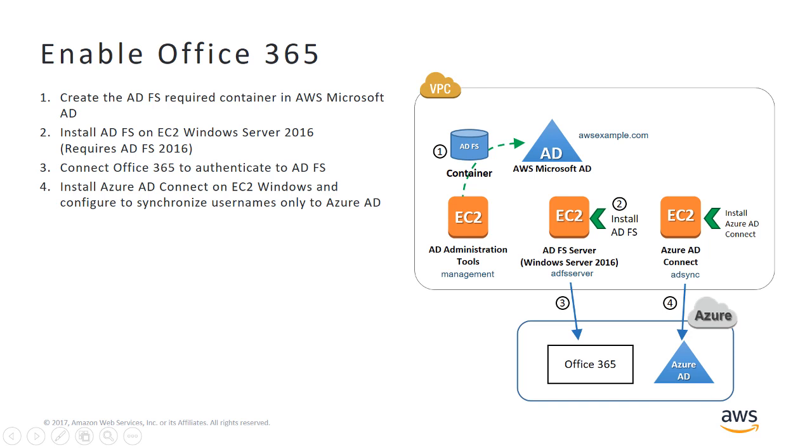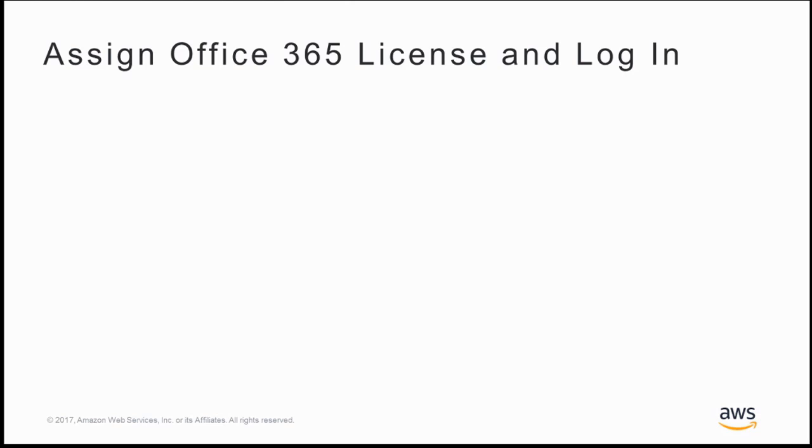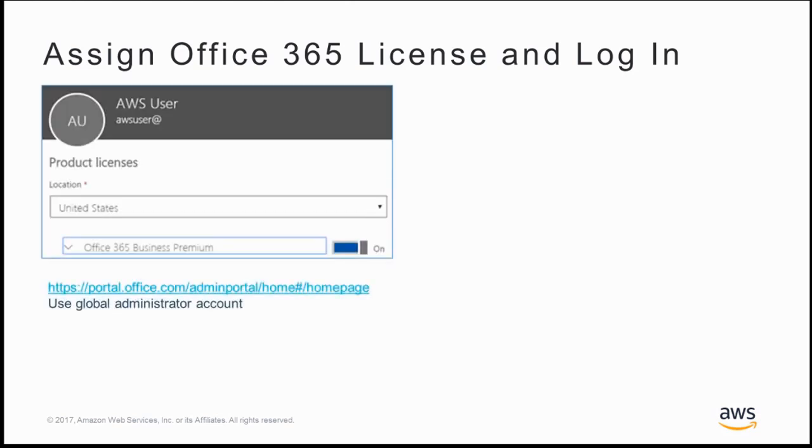So now we've completed everything that you need to do to connect your AWS Microsoft AD to Azure AD in the cloud and configure Office 365 to use the ADFS server. The next step is to simply configure your user accounts and log into Office 365. For this step, you first need to grant access licenses for Office 365 to your end users.